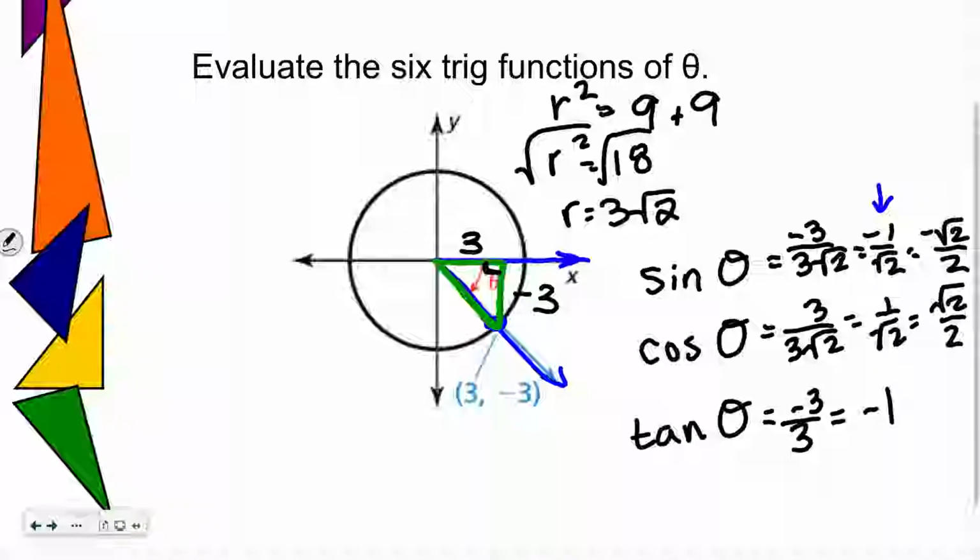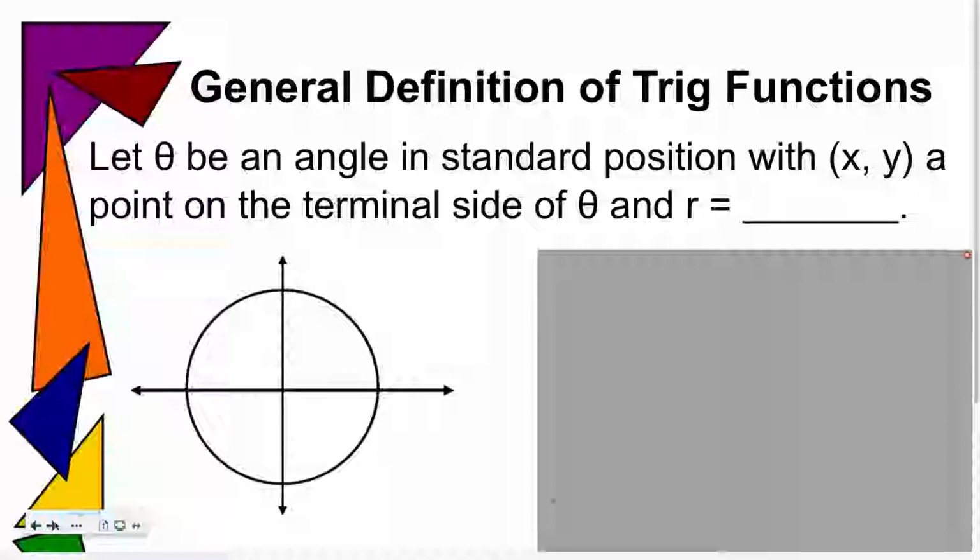We're going to make generalizations for the x, the y, and the radius: what will always be sine, what will always be cosine, and what will always be tangent. As we're writing these down, you might look back at this example and see, oh yeah, that is true. Those were the numbers that we used. So on the next slide, we're going to write the general definition, for all points in the coordinate plane.